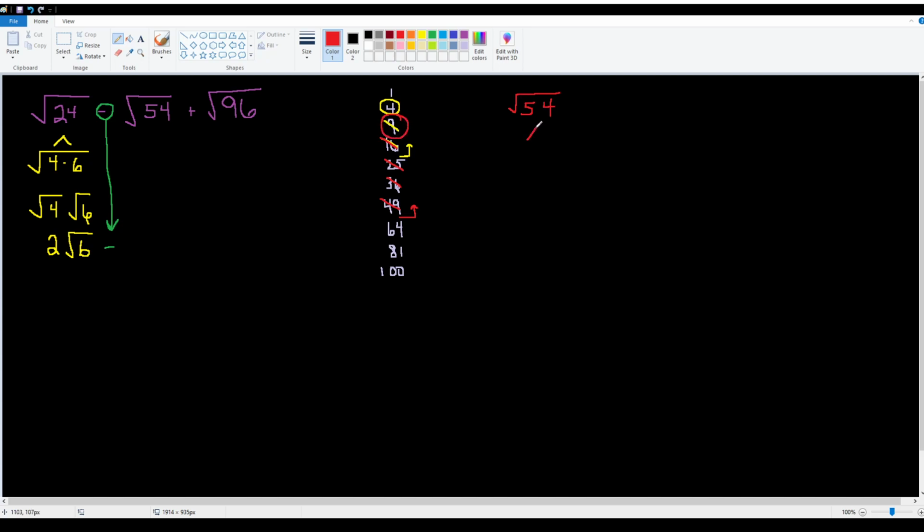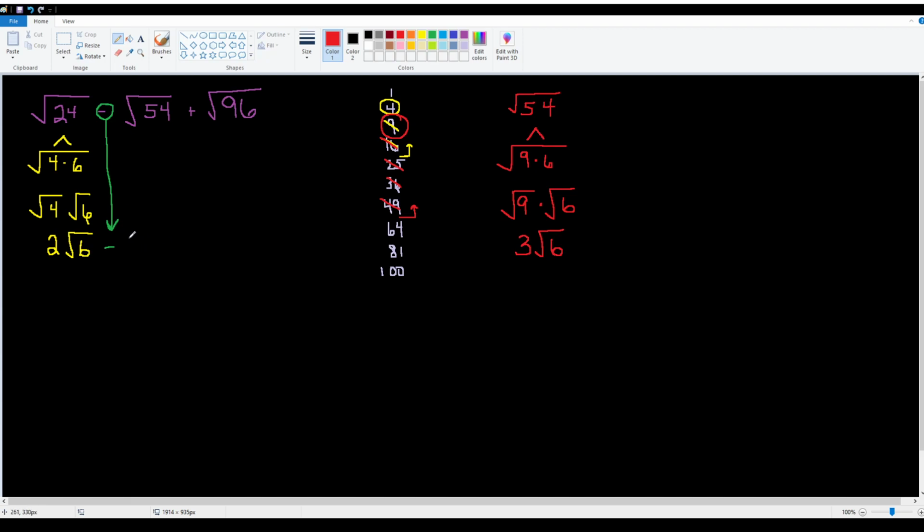So 54 can get split up into 9 times 6. Again, this can be rewritten as the square root of 9 times the square root of 6. And the square root of 9 is just 3, so we are left with 3 square root of 6.